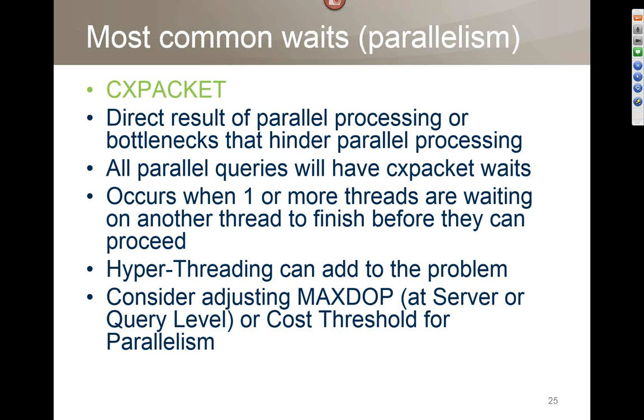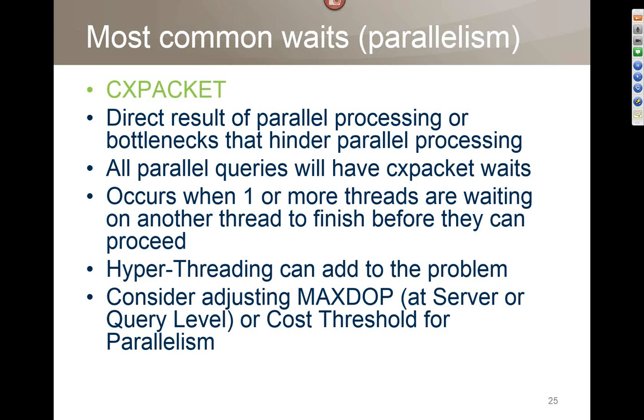So you have everything sliced up. You have a query that's being sliced up across multiple CPUs and cores, and something goes to CXPACKET. You see it. Now, that means it's done, and it's waiting on something else to finish, correct? When it's waiting there, does it release itself from the resource of that CPU so that CPU core can be used for something else? Okay, yeah, that's a good question.